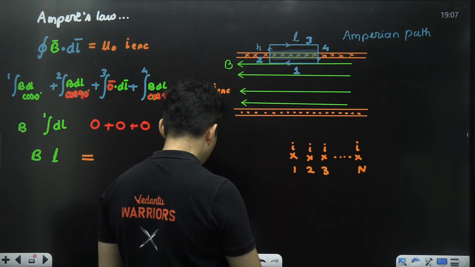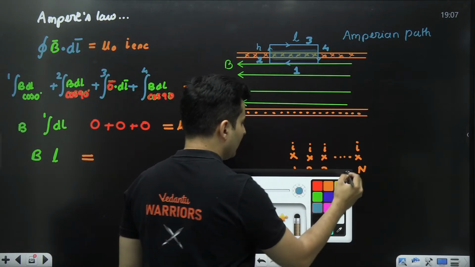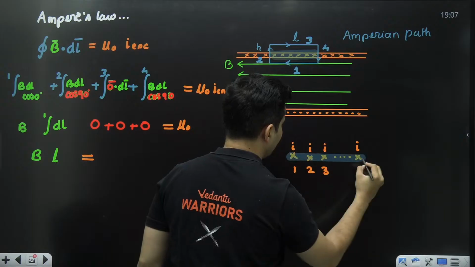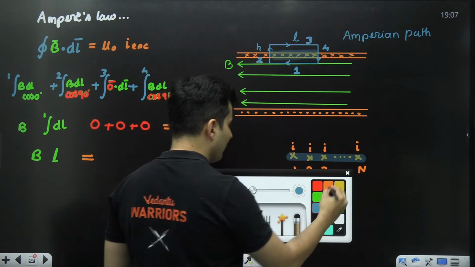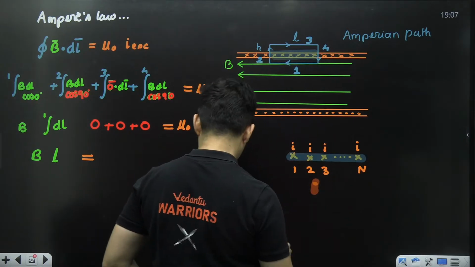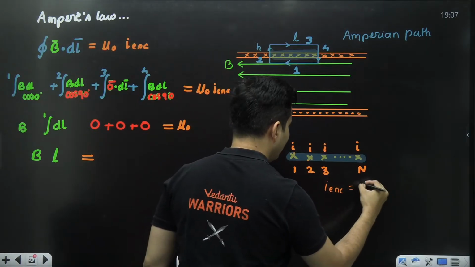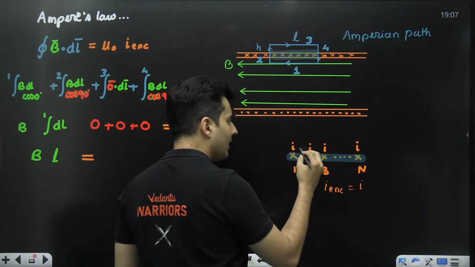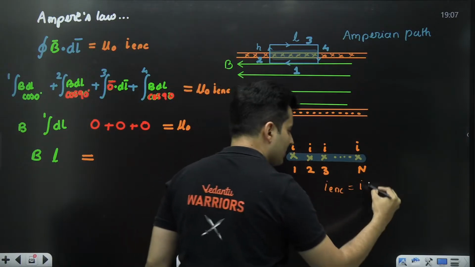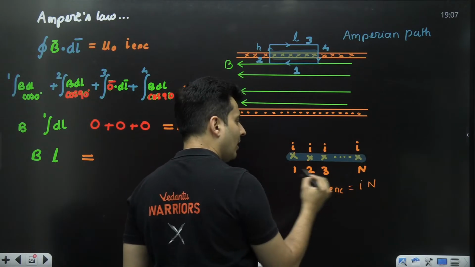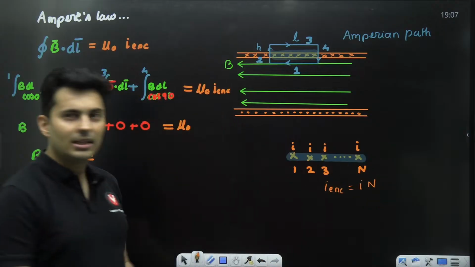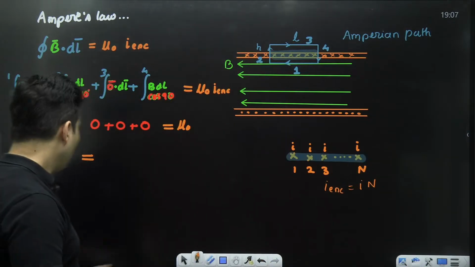So the total current which you are talking about, the enclosed current, will be nothing but I enclosed. Won't it be I multiplied by N times? I plus I plus I plus I. How many times? N times will it be there? Everyone fine till this point? But what is N?